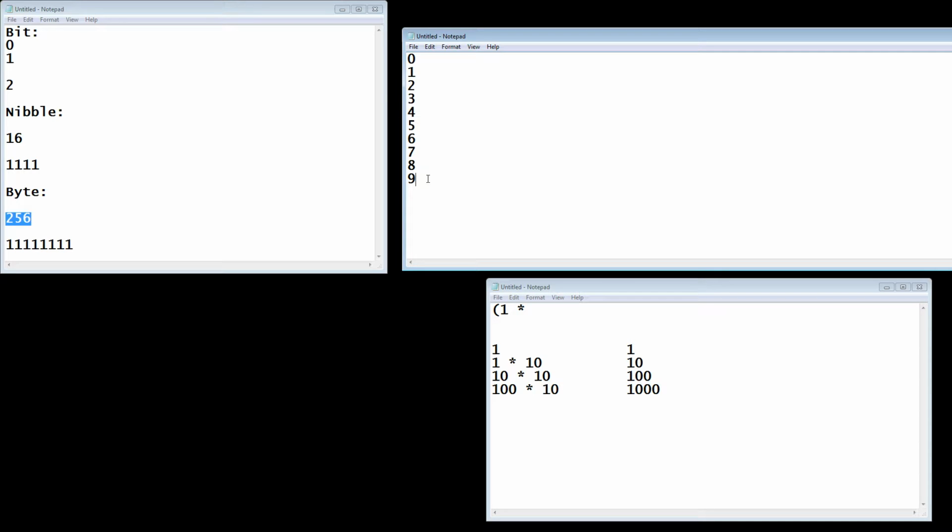It could be 0 is fish, 1 is cats, these could be types, or whatever you need it to be. But all you need to really understand for now is that whatever you're using this as, you can only have 10 possible types. All right, and what we're using this for is our base 10 number system, so it's going to be numbers.